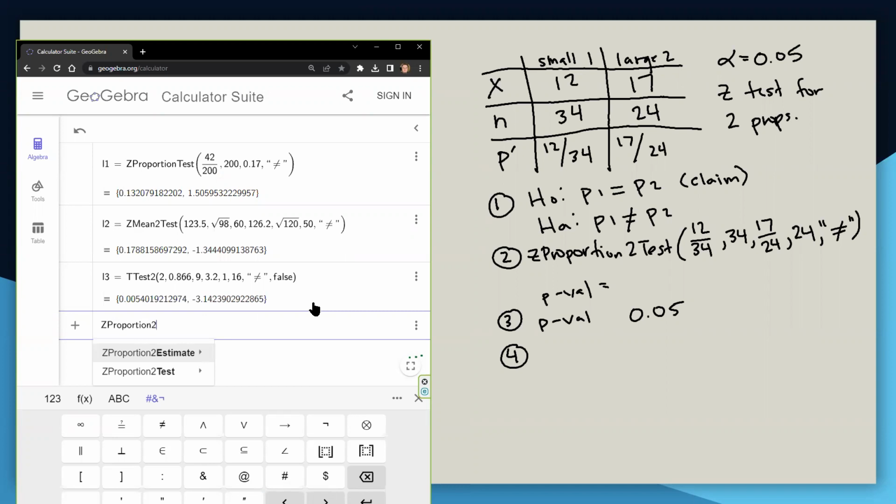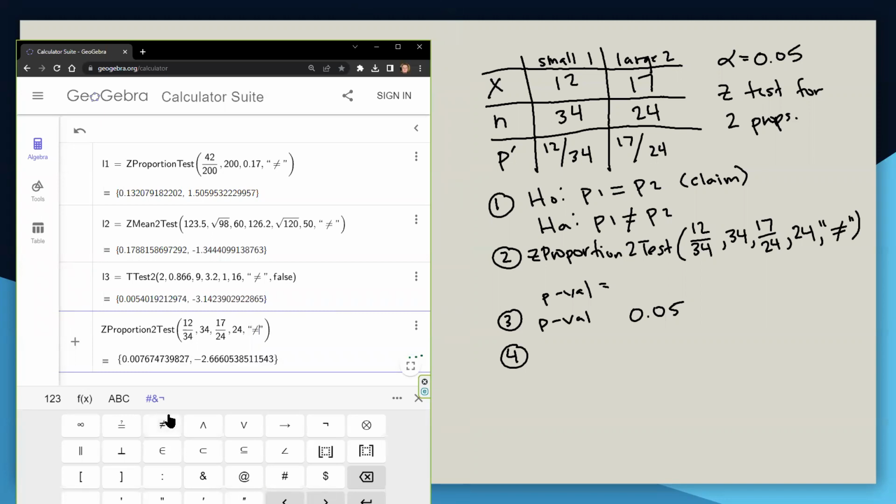You can see it starts popping up with options here. 12 divided by 34, 34, and then 17 divided by 24. Not equal to. As soon as I press that, it pops up my p-value and our critical value.